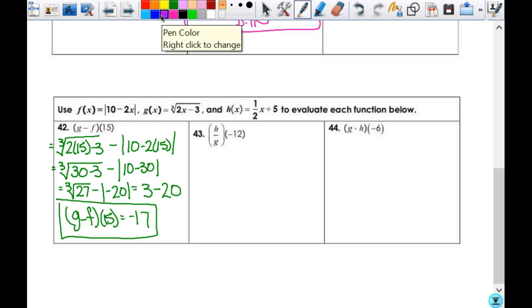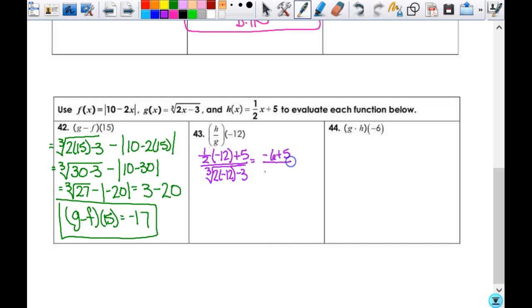All right, so then h divided by g of negative 12. So h of negative 12 is going to be 1/2 times negative 12 plus 5, divided by the cube root of 2 times negative 12 minus 3. So that's going to give me 1/2 of negative 12 is negative 6, plus 5, over the cube root of negative 24 minus 3.